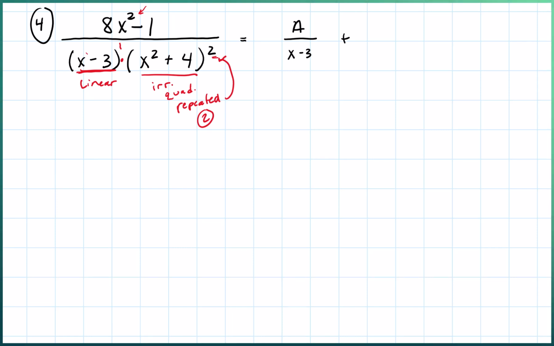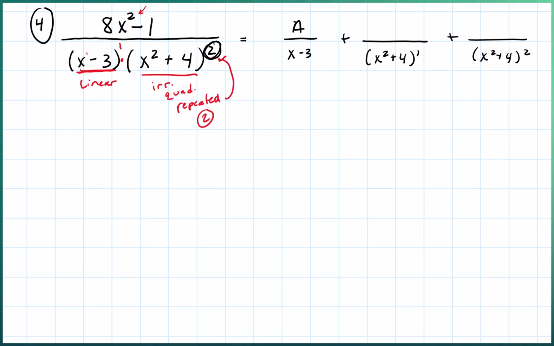And then I have 2 irreducible quadratics. Their denominators are going to be x squared plus 4 to the first and x squared plus 4 to the second. So remember, anytime you have a repeated factor, quadratic or linear, however many times it's repeated, that's how many partial fractions you'll get. And the power in the denominator on those partial fractions will start at 1 and go up to whatever the r value is, however many times it was repeated.